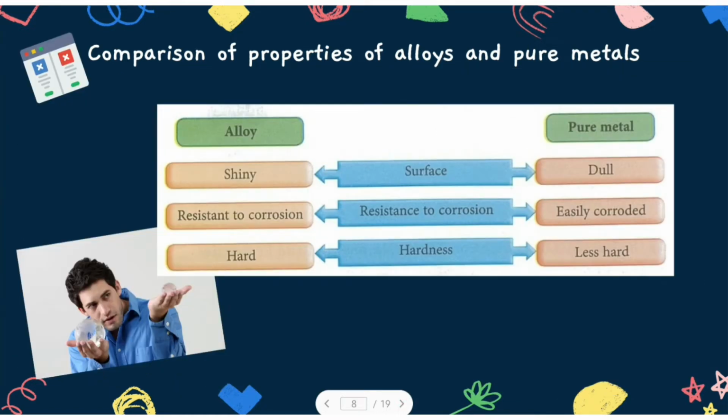Okay, so from the experiment, we found that the surface of alloy actually is more shiny than pure metal. Pure metal is dull, pudar. The resistance of corrosion, ketahanan terhadap karat, pengaratan.